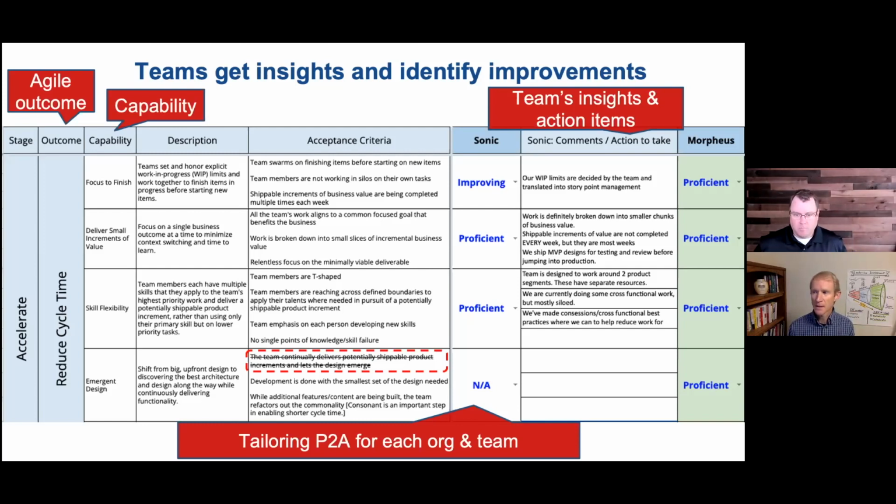So we've marked one item here as not applicable for this particular team. We've got that flexibility to tweak and tailor this to the specific needs of one team or a whole organization. And teams can capture their insights and know what they need to do next to get to that next level, to get better.